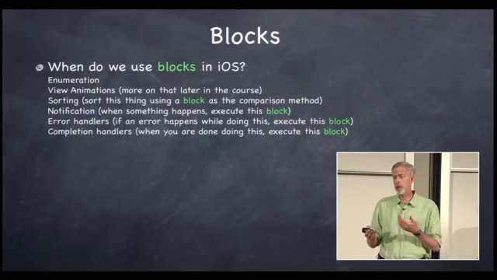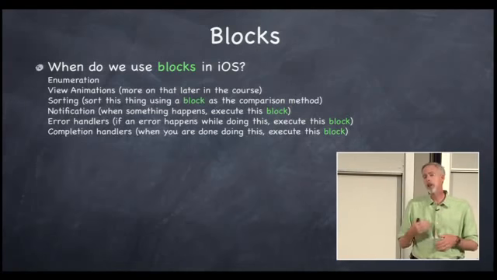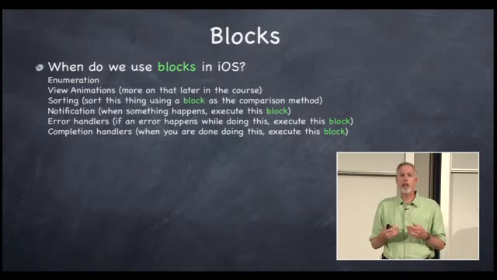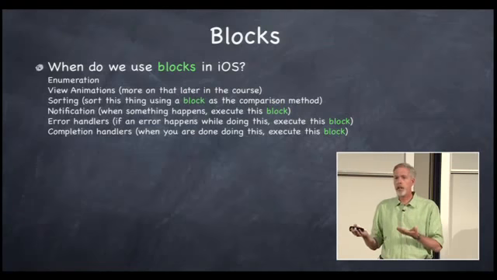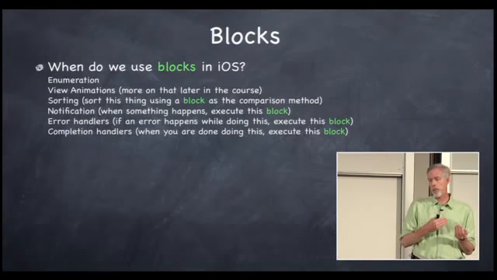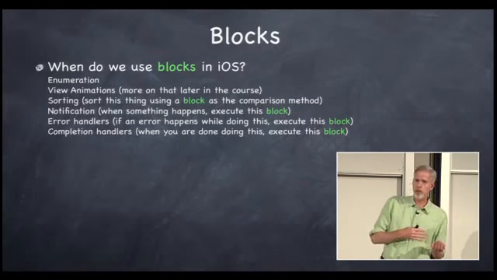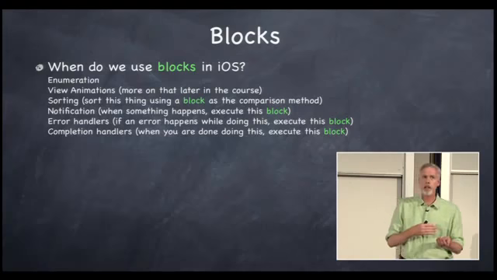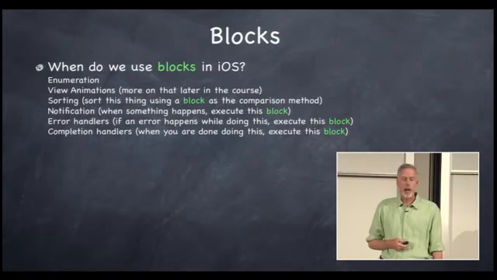Like when we're doing a fetch results controller, we'll specify here's a selector. You can imagine you have methods that do sorting that instead of specifying a selector to compare objects, it just says sort using this block. And the block takes two arguments, which are the two objects to compare, and it returns an NSComparisonResult, which is ordered the same, ordered greater than, ordered less than. So you can imagine using blocks there.